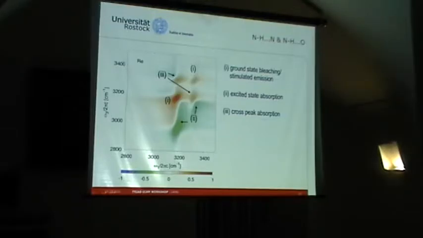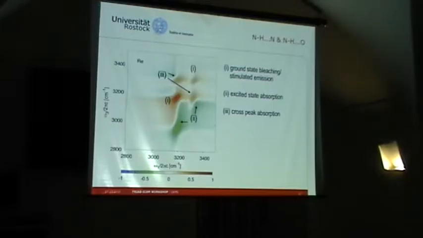And now we can look at the shape of this peak, and you see it's clearly stretched along, or parallel to, the diagonal. That means there's a preferential motion: the fluctuations proceed in a way that when one frequency gets larger, the other gets larger as well.